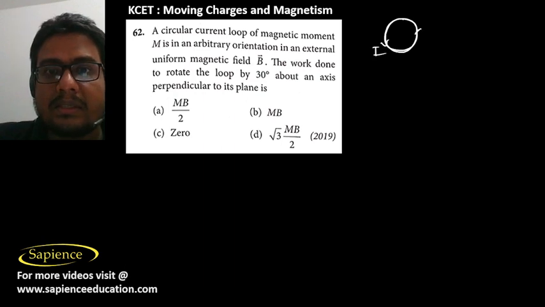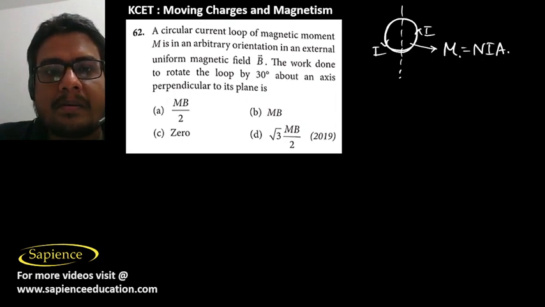It is carrying current I. It is in an arbitrary orientation in an external uniform magnetic field B. This circular current loop has magnetic moment M, which is NI into A. The work done to rotate the loop by 30 degree about an axis perpendicular to its plane.